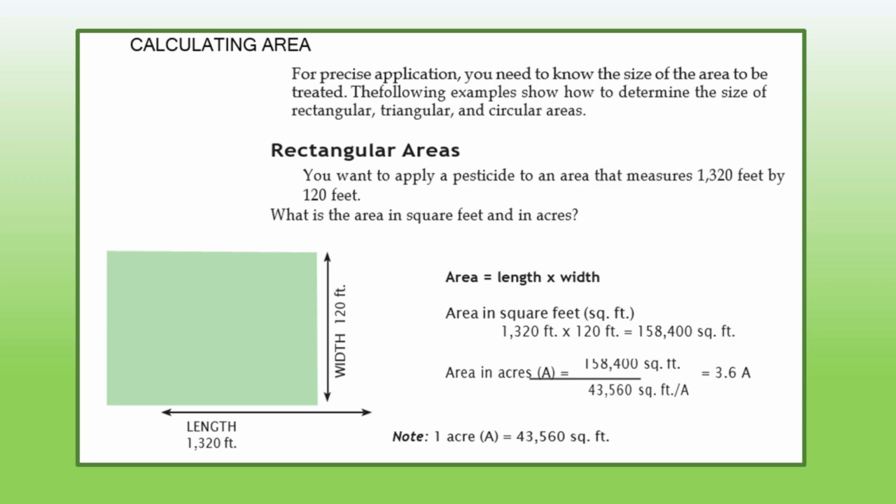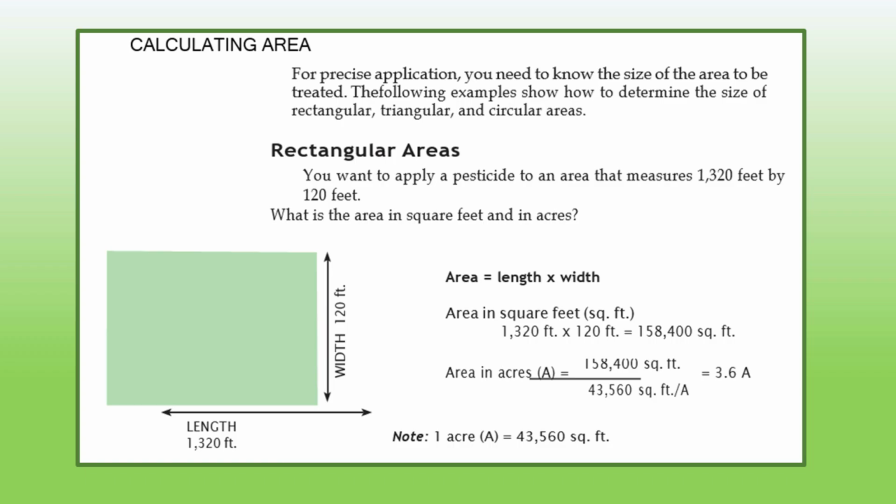For instance, we're going to be looking at a rectangular area on this slide. Now for calculating area, for precise application, you need to know the size of the area to be treated. The following examples show how to determine the size of rectangular, triangular, and circular areas.